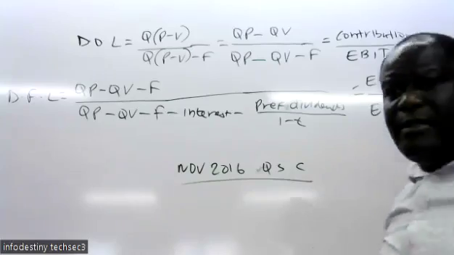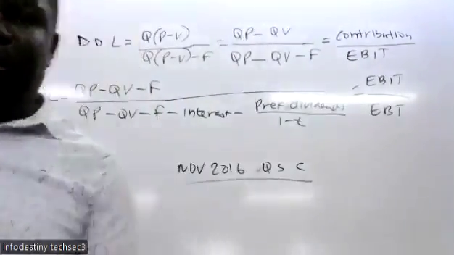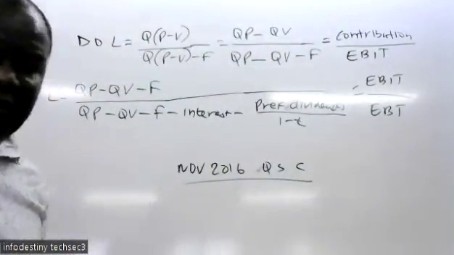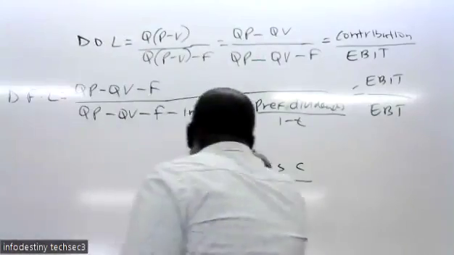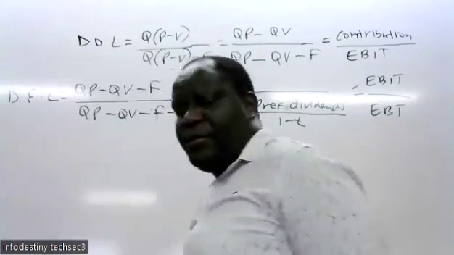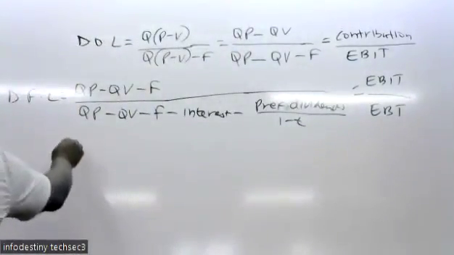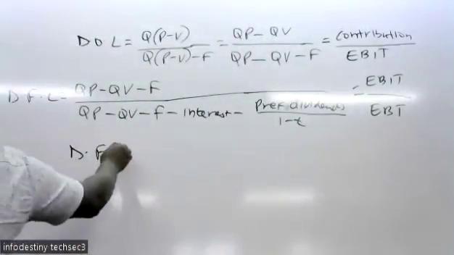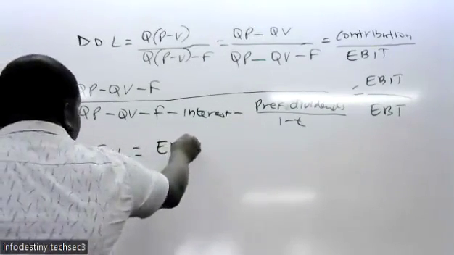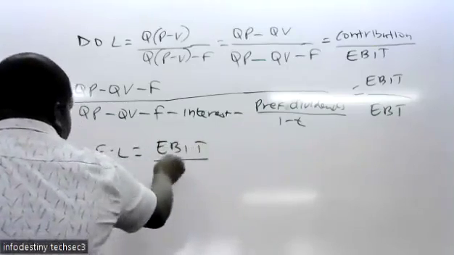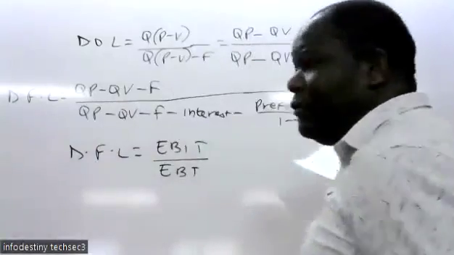Then earnings before interest and tax in that element. So that means that Roman letter 1, we shall apply the degree of financial leverage, because degree of financial leverage is also the same as earnings before interest and tax divided by earnings before the tax, as per this formula I've shown you.